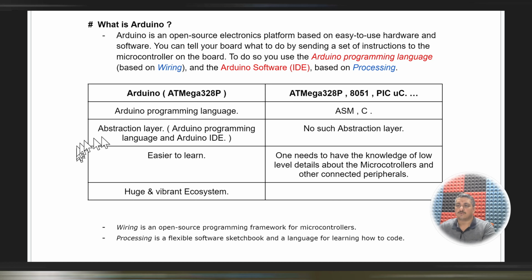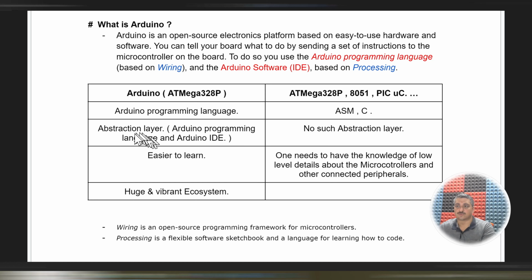Arduino is definitely easier to learn, but in traditional microcontrollers, to write programs one needs to have knowledge of low level details about microcontrollers and other connected peripherals. So the learning curve is not that easy like Arduino.